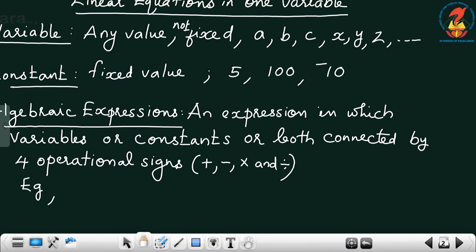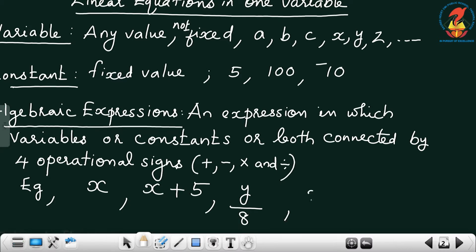Example, x, an algebraic expression. Then x is connected with the addition symbol, with 5, that is x plus 5, an algebraic expression. Then if you take the variable as y and the operation division, y by 8, another algebraic expression.